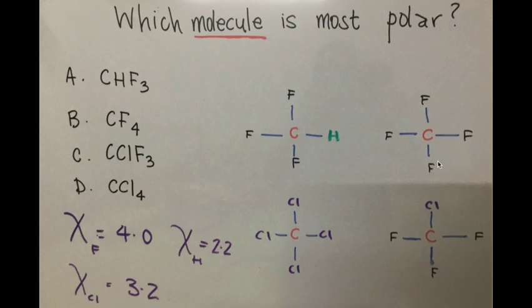But the CF4 molecule as a whole has 4 bonds that tug the electrons in equal and opposite directions. So therefore the net polarity of a dipole in the molecule is going to be 0 because of the pulling of electrons in one direction being cancelled by pulling in another direction.